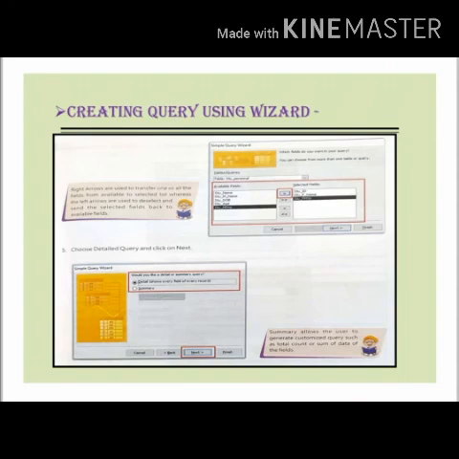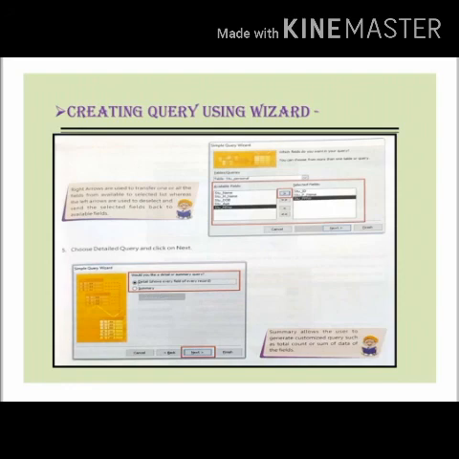Keep in mind that right arrows are used to transfer one or all the fields from the available to the selected list, whereas left arrows are used to deselect and send the selected fields back to the available fields. The left arrows do the opposite of the right arrows. Now step 5 is that you have to choose detailed query and then click on next, as shown in the diagram.